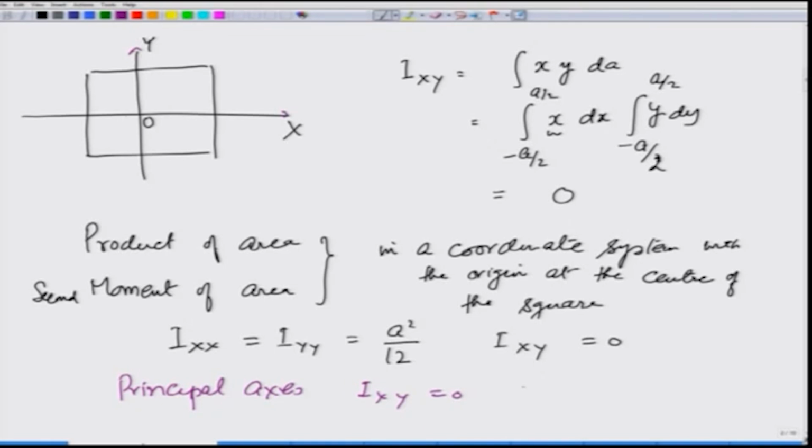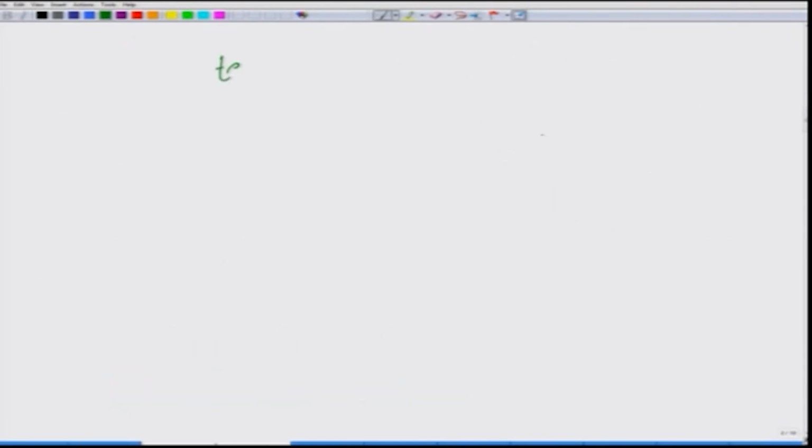Also notice in this case that tangent 2 alpha is equal to 2 Ixy over Iyy minus Ixx, and this comes out to be 0 by 0. That means I could take any alpha and the axis would be a principal axis.